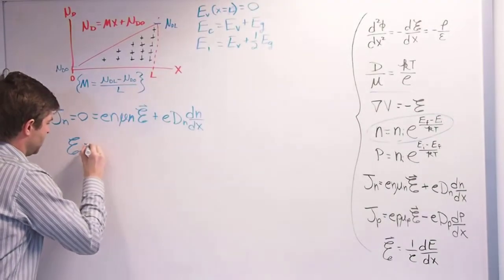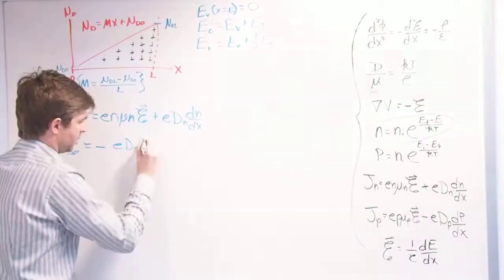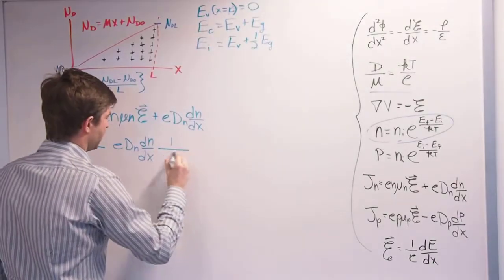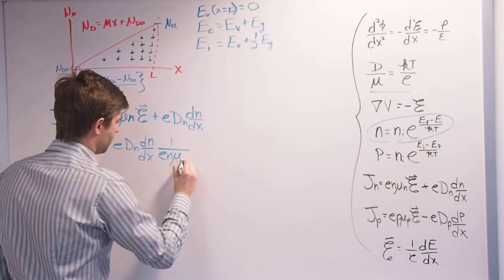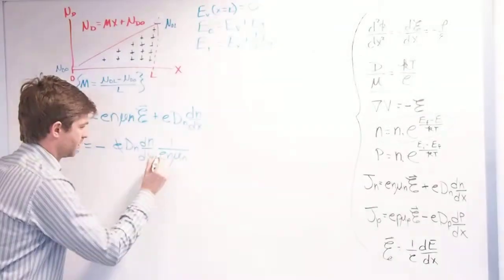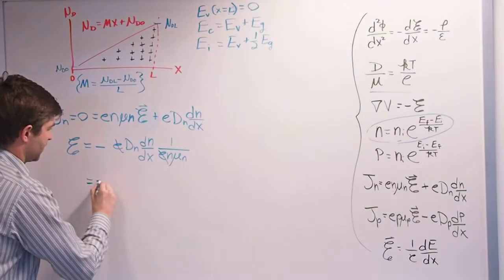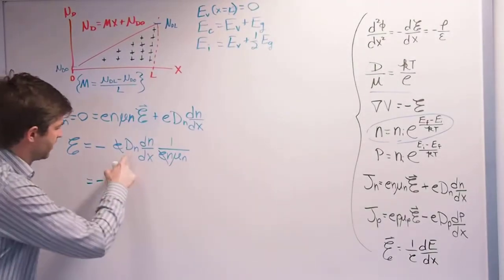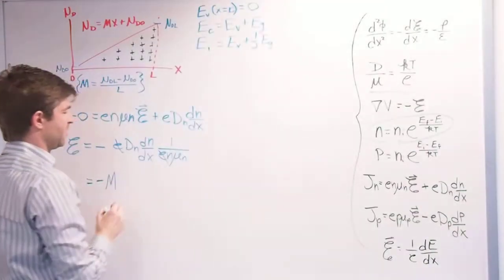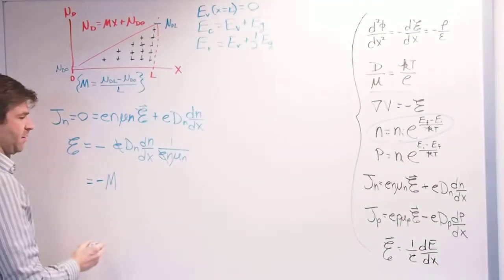So E is equal to negative E dn over dx, times 1 over E n mu sub n. Oh, that's it. Okay, so the E's cancel out. What is dn over dx? It's just m. What is D sub n? Well, according to the Einstein relation, it's mu sub n kt over E, so that mu sub n cancels out.